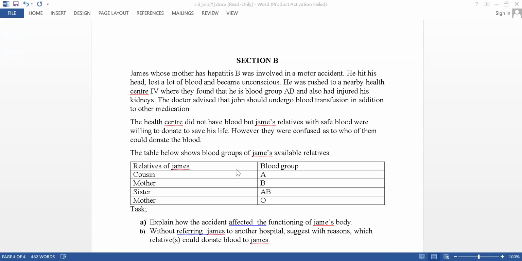Okay, someone said I should share some notes for blood transfusion in the group. I will share them. I'm going to upload them here, or if possible now. Let me upload them here.